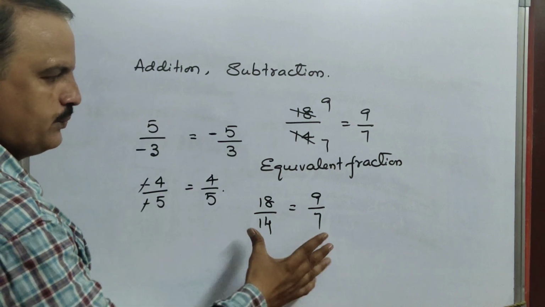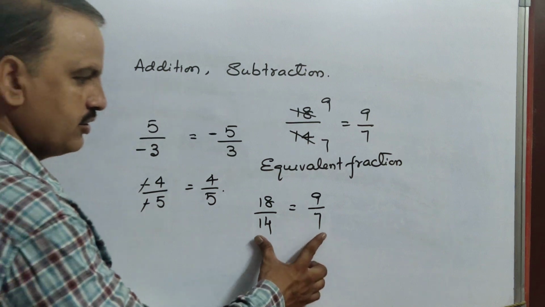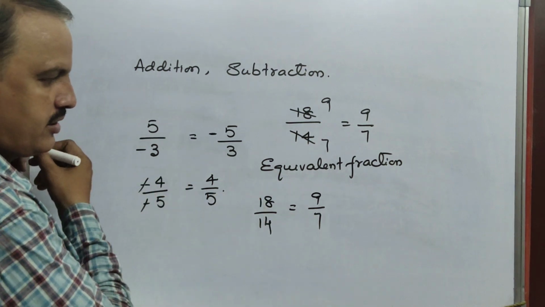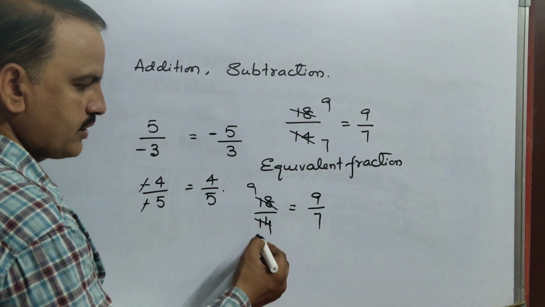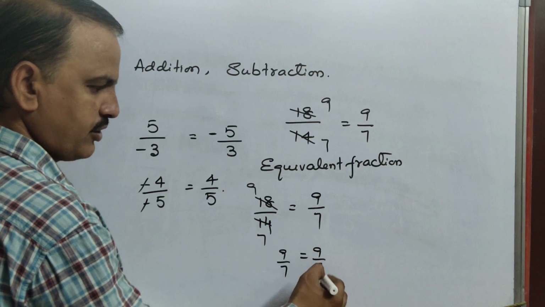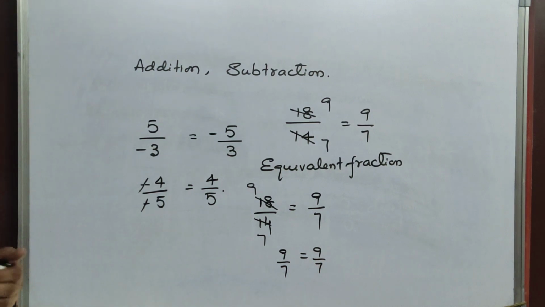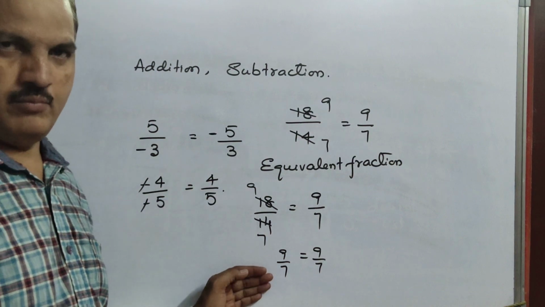Now I am telling you these two are equivalent fractions. Why? Because if I reduce 18 and 14, 2 9s, 2 7s, I got 9 by 7. That means after reducing also you are going to get the same number.